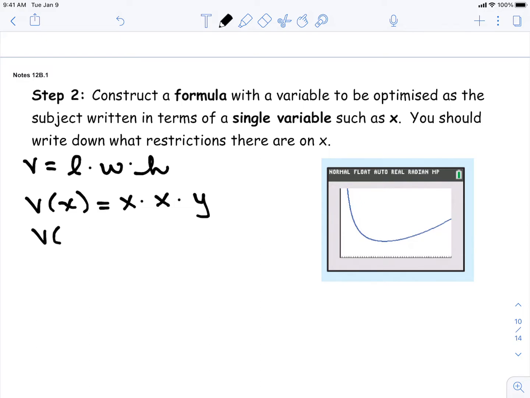Now we multiply the x and x, giving us x squared y, in centimeters cubed.